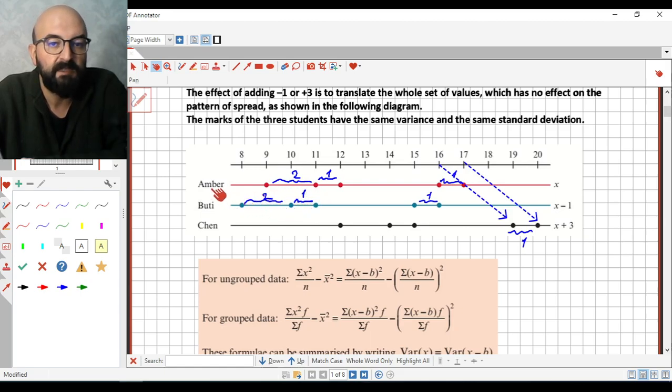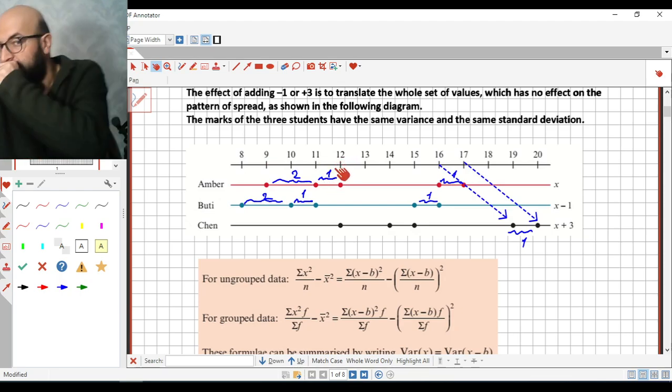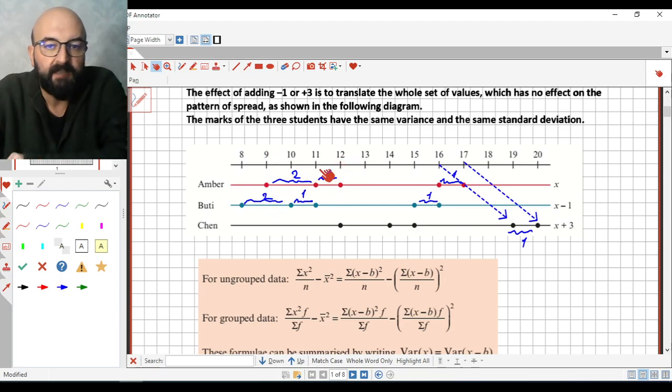For example, Amber's marks are 9, 11, 12, 16, and 17. Booty's marks, as you remember, are 1 less than Amber's marks: 8, 9, 11.